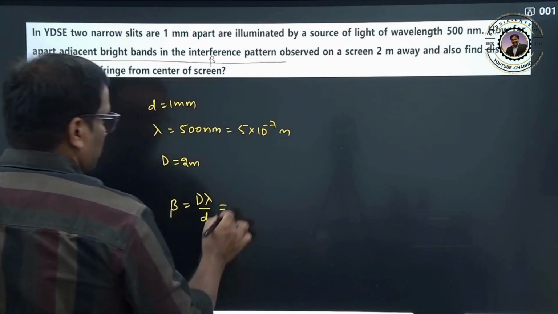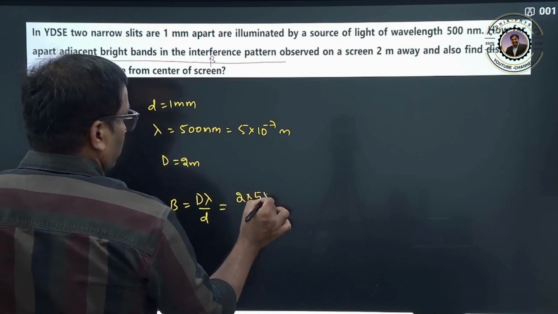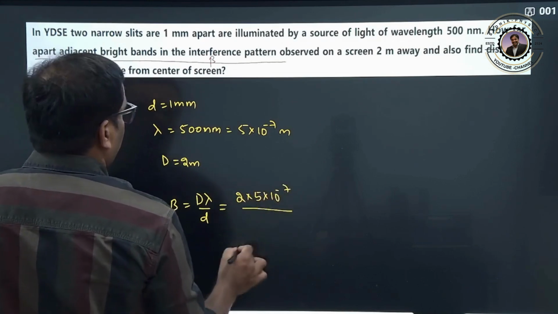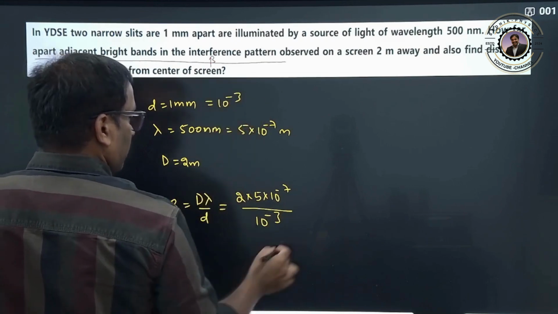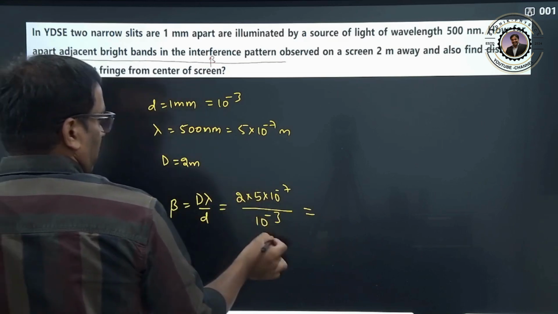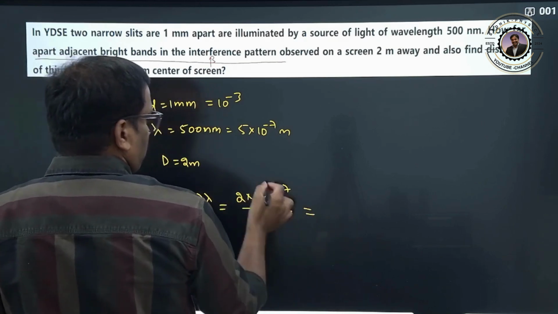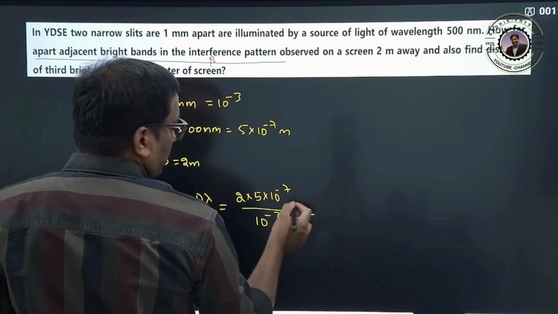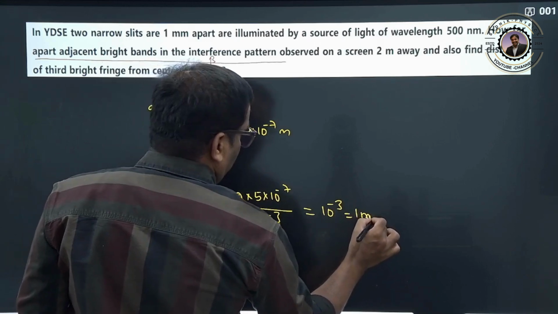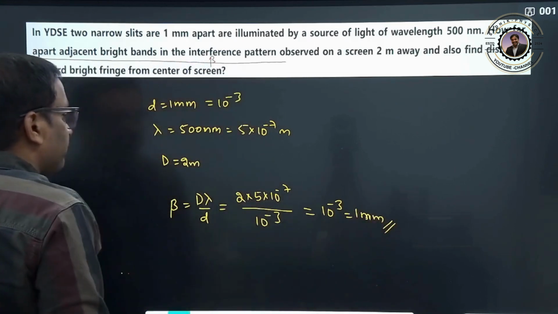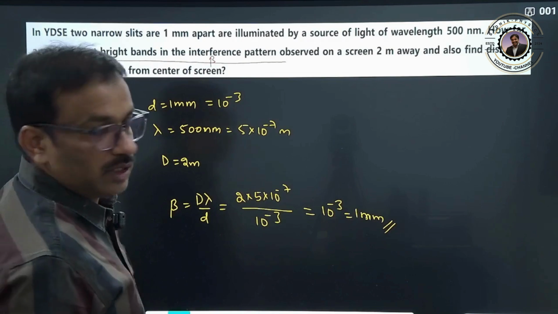D is 2 into 5 into 10 to the power of minus 7 divided by 10 to the power of minus 3. Taking 10 to the power of 4 minus 3 minus 7, that is 10 to the power of minus 3, which is nothing but 1 millimeter. So this is your fringe width.